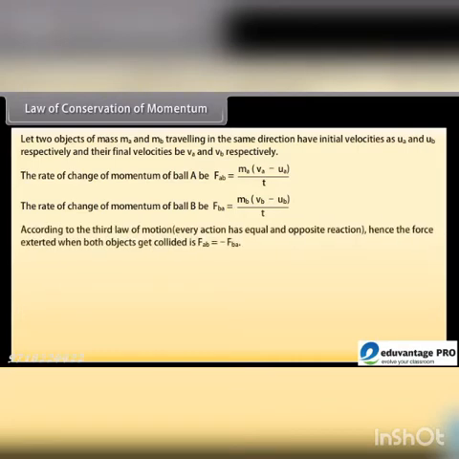According to the third law of motion, every action has equal and opposite reaction. Hence, the force exerted when both objects collide is FAB is equal to minus FBA.